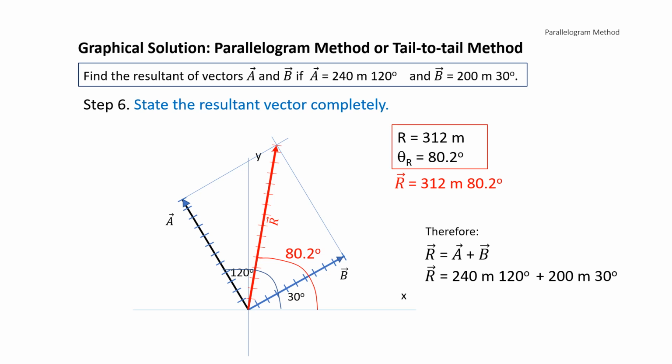When added using the parallelogram method, the resultant is 312 meters, 80.2 degrees. Before we proceed to the next graphical method, I hope that the parallelogram method is already clear to you. If not, you may review or revisit this video.